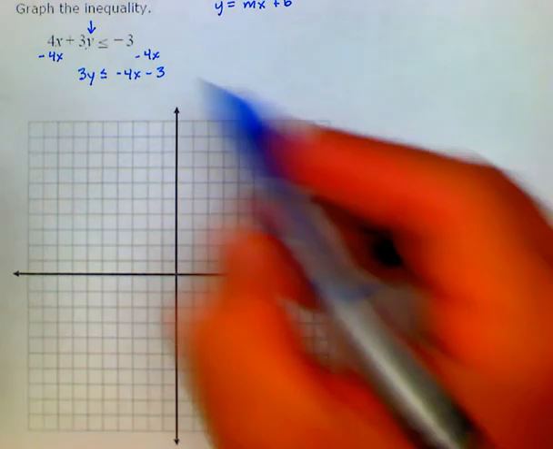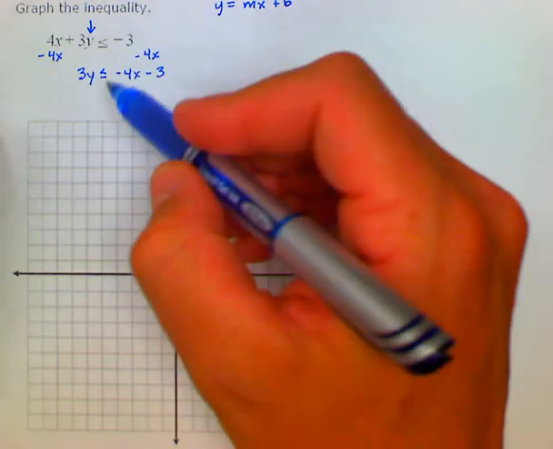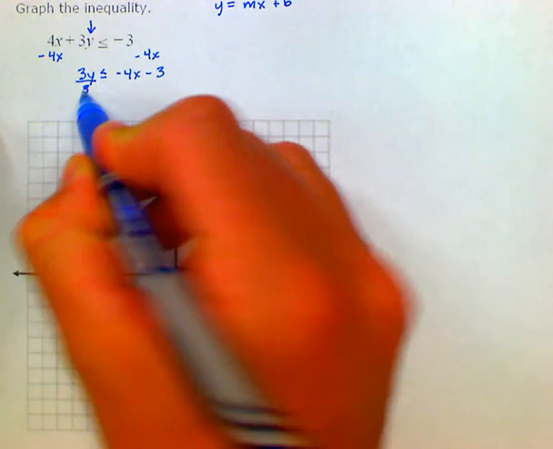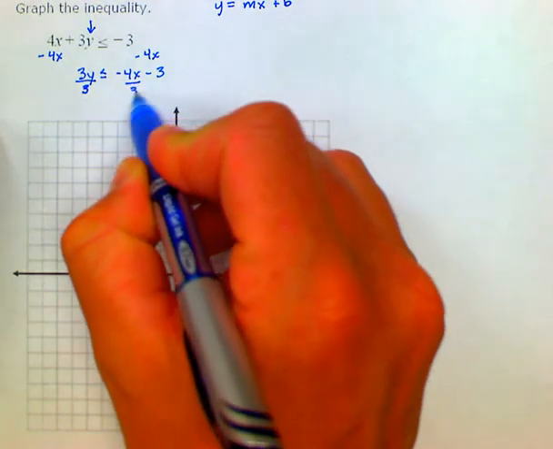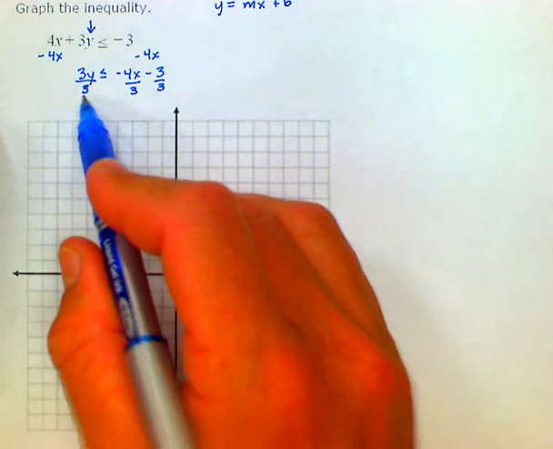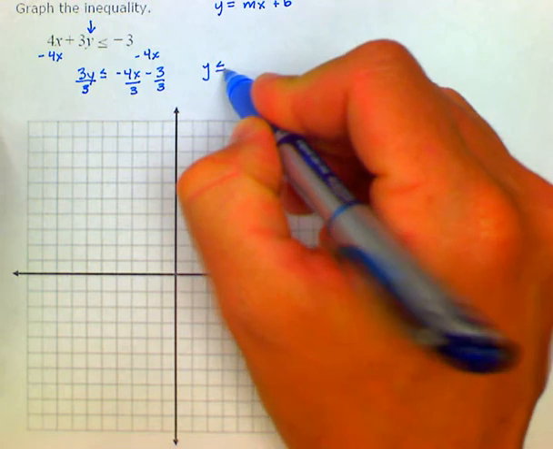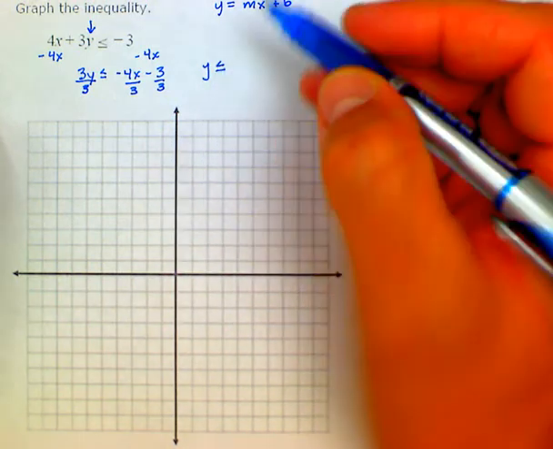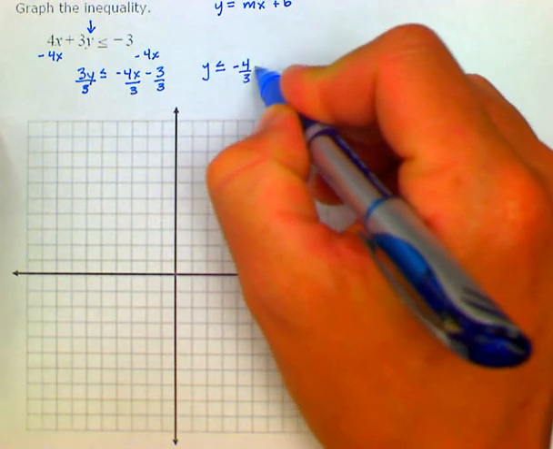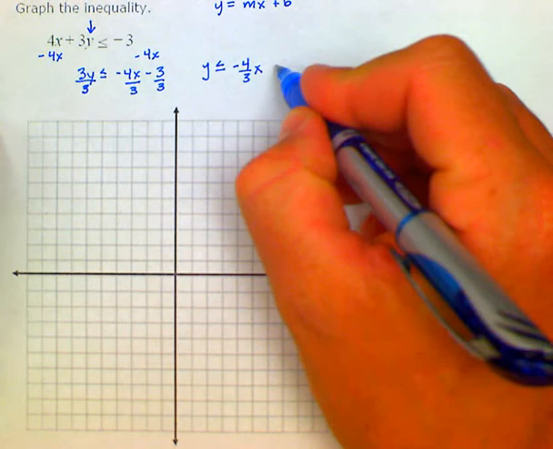Finally, we need to get rid of this 3. We are multiplying 3 to y, so opposite operations tell us to divide by that same value. We would divide everything by 3. But we're dividing by a positive number, so the sign stays the same, leaving you with y is less than or equal to negative 4/3 x, and negative 3 over 3 is negative 1.